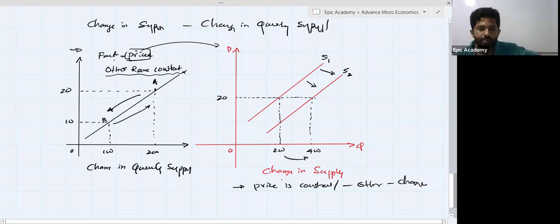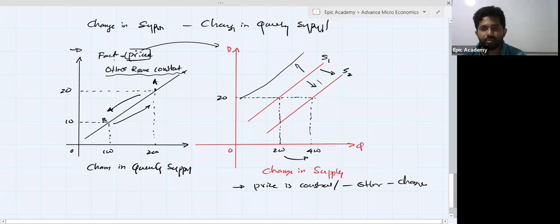So then you have to identify changing supply. The reason behind changing supply is that other factors change, such as the cost of production reducing. What happened? In a price stable situation, quantity can be changed. Other factors are going to be changed. That is why the supply curve shifts upward or backward.